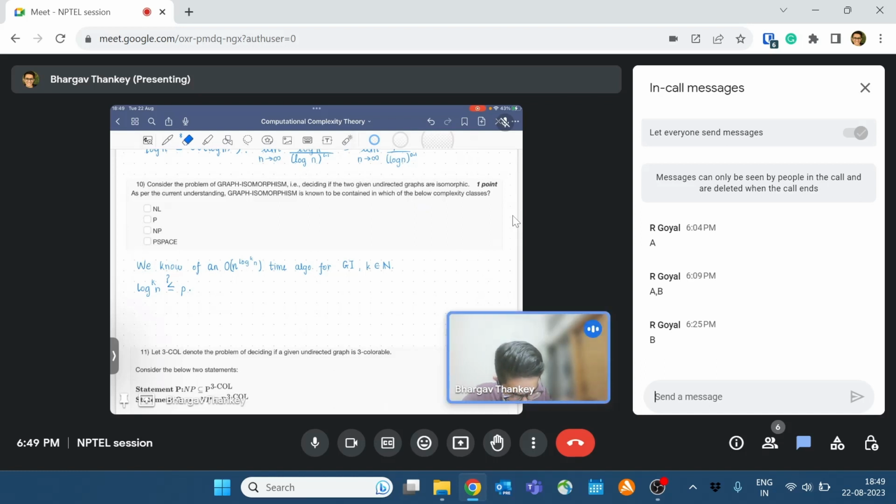Wait, no, no. So we need log n to be that, right? Yes, and this would then imply that n is 2 to the p to the 1 over k.